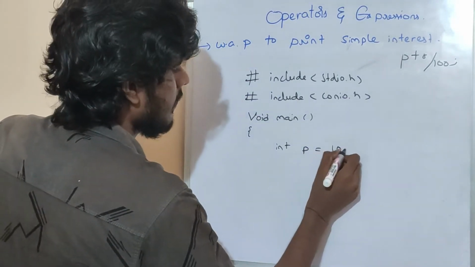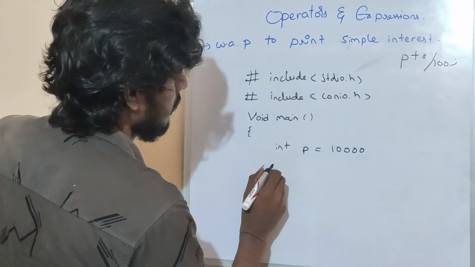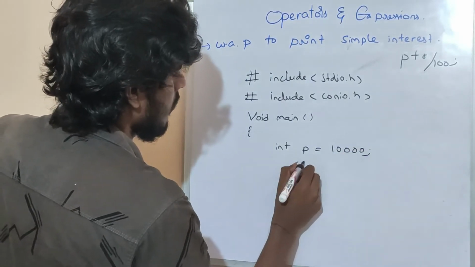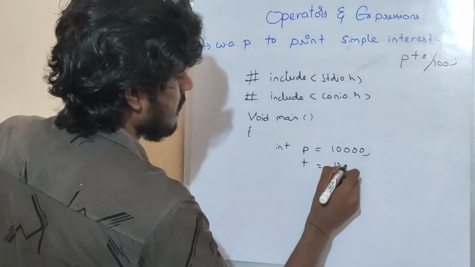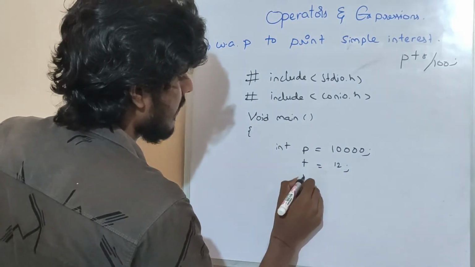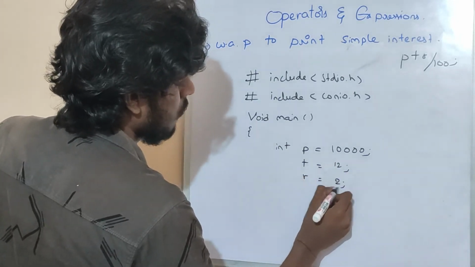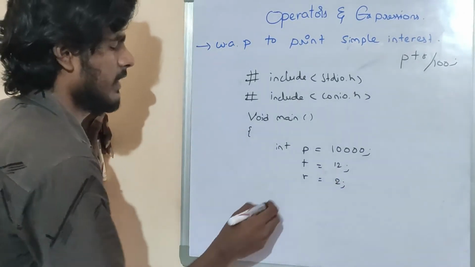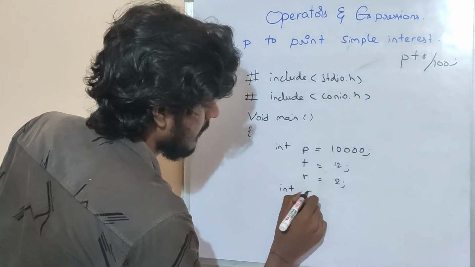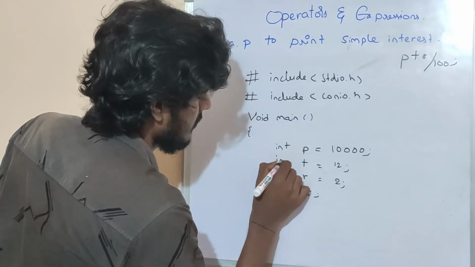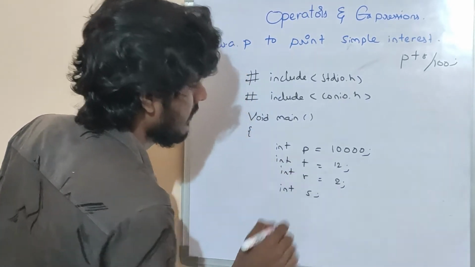For example, 10,000. Okay, what is the time period? 1 year. We will declare it as months, 12 months. What is the rate of interest? 2 rupees. Okay, the resultant variable int s. Yes, this one also int, this one also int.